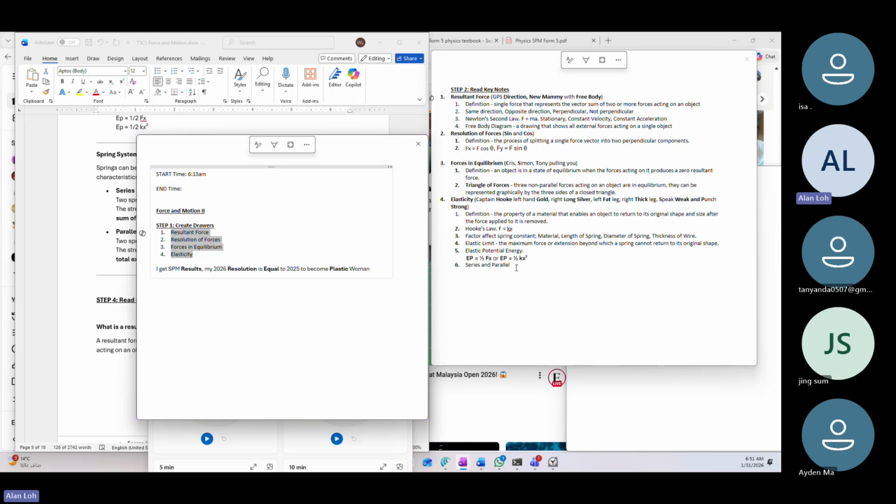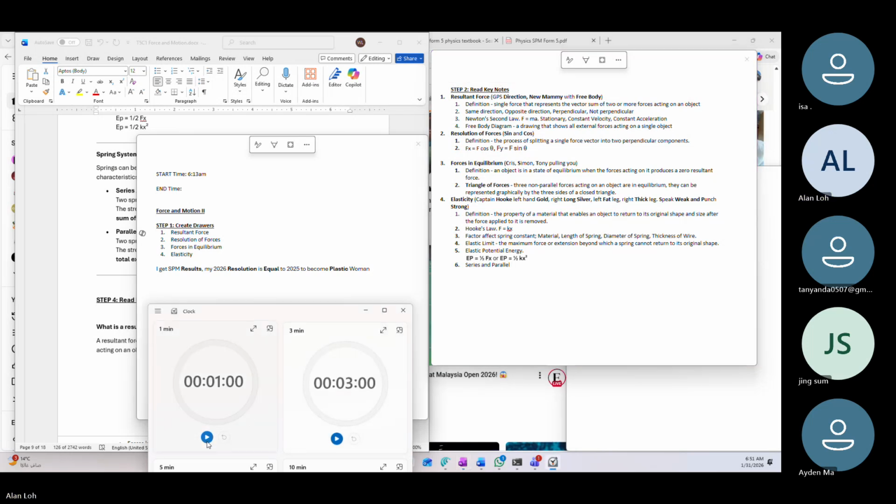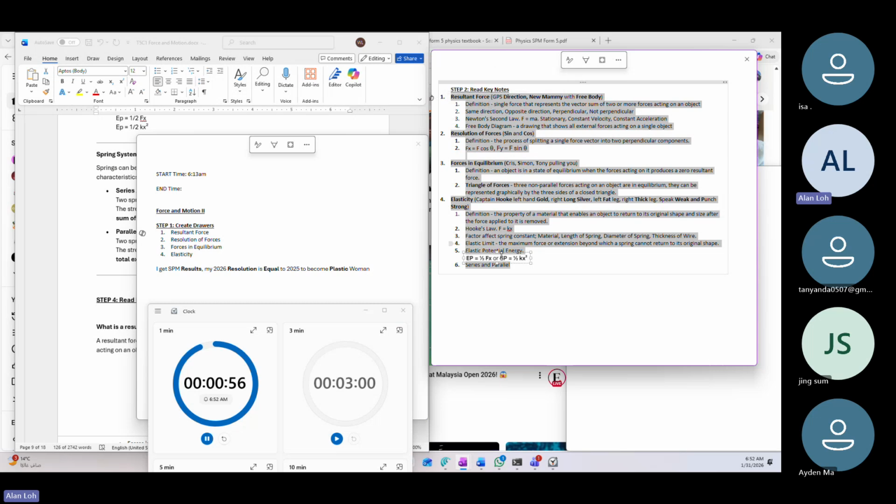If you try to read this again, I think you will feel that you understand it more. Can you read this again? Let me give you 1 minute to read this, from resultant force until series and parallel.